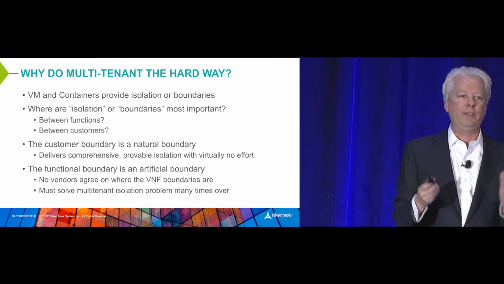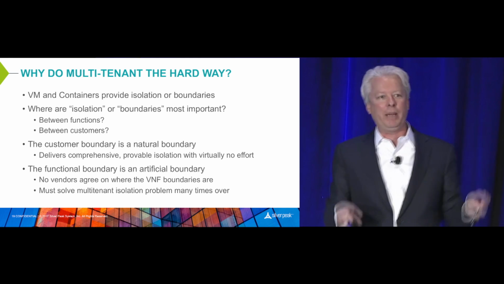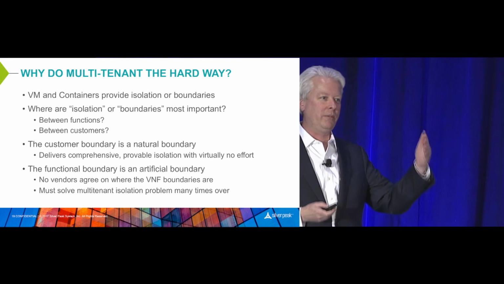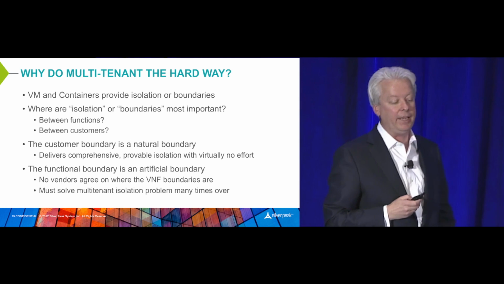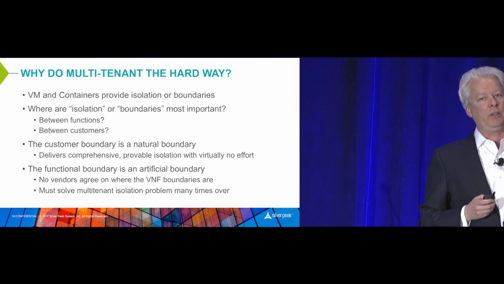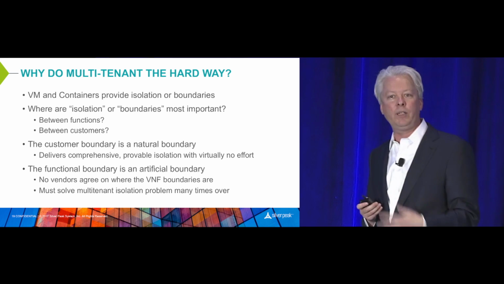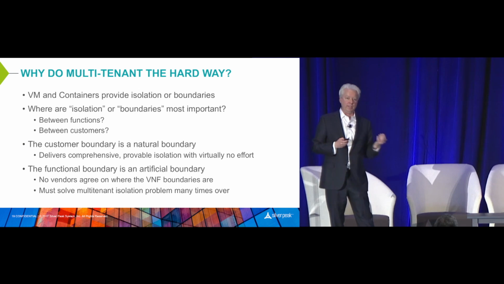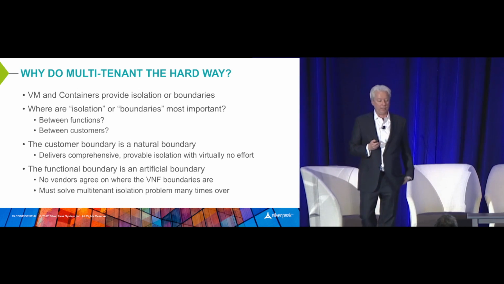Not all vendors agree. In fact, no vendors agree exactly where the boundaries of a particular function, like a firewall or WAN optimization VNF or a load balancer VNF, lie. And if we're going to make each of those things multi-tenant, we're solving the multi-tenant problem many times over when it's already solved for us in the hypervisor, in the virtualization environment.